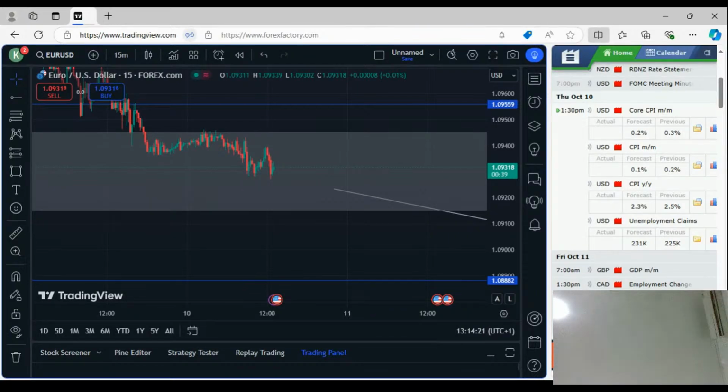I noticed the group was locked, so let me quickly open the group for us. So the group is open now.